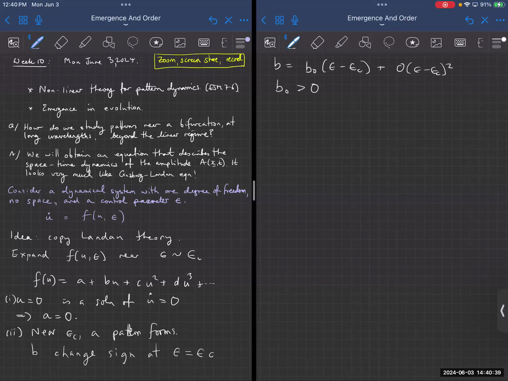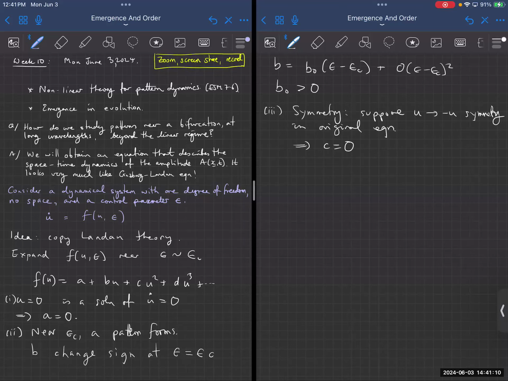So that's going to guarantee that B will change sign. And then let's suppose there is a symmetry requirement. So we're going to suppose that there is a U goes to minus U symmetry in the original equation. So that means that the coefficient C should be equal to 0.